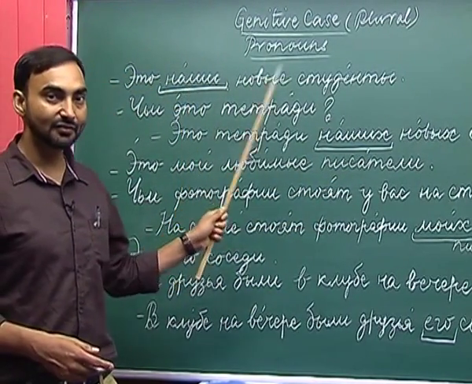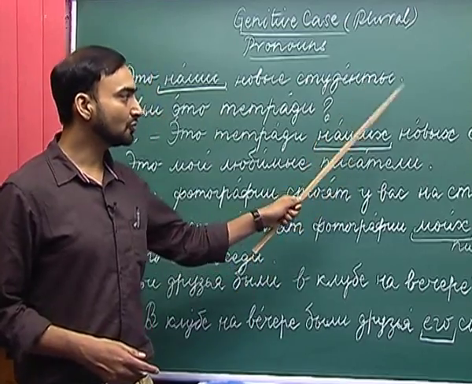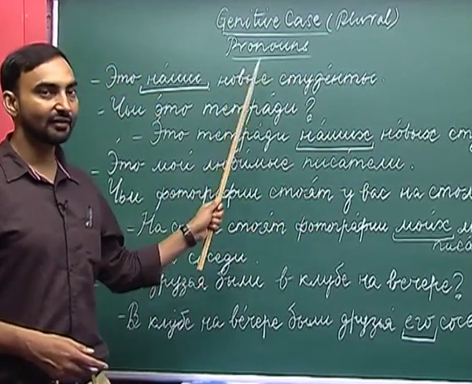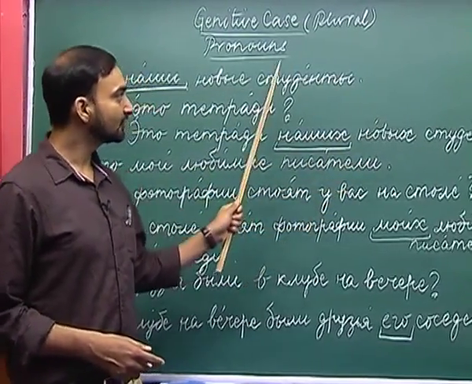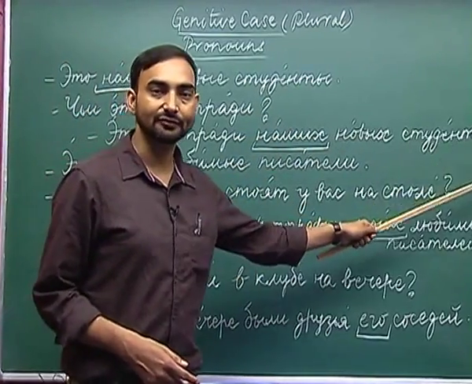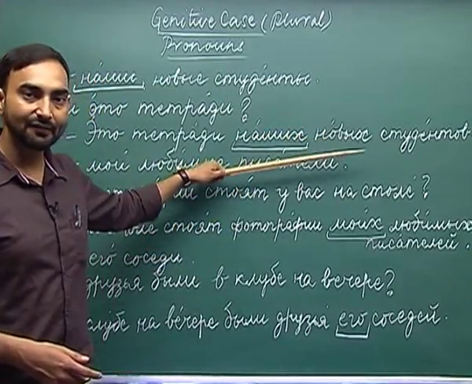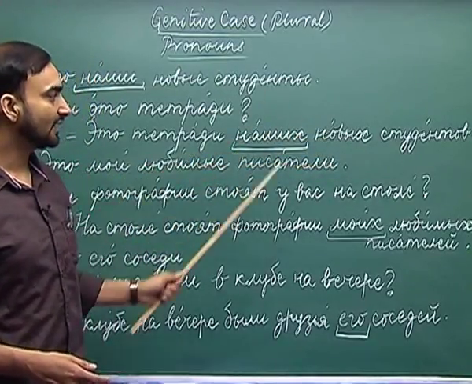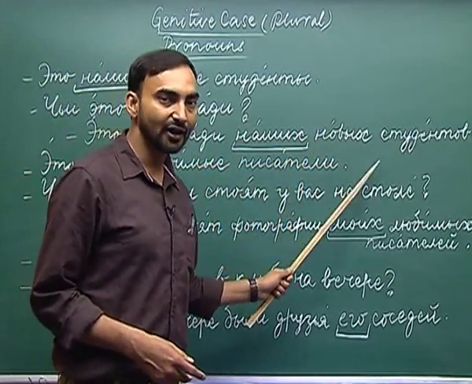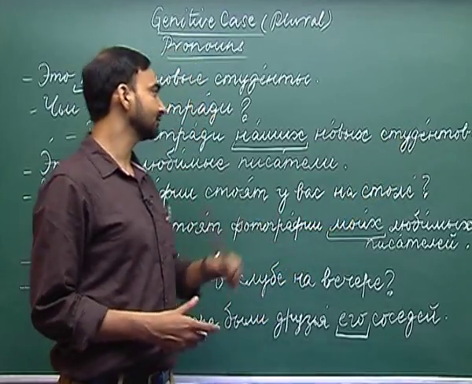Наши changes to наших. Новые, новых, студенты, студентов. So, наши новые студенты in the genitive case changes to наших новых студентов.